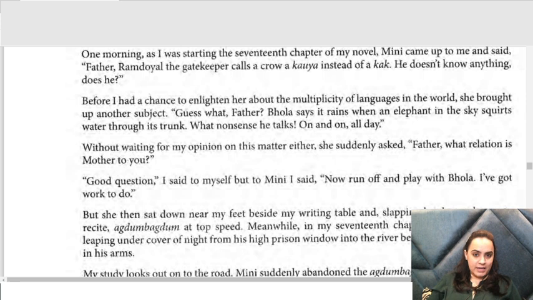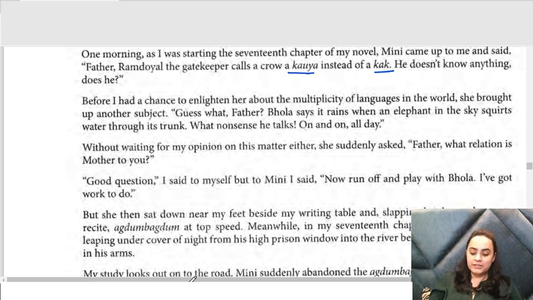So the father tells us that when he was starting the 17th chapter of his novel, his daughter Minnie came to him and said that Ramdayal, their gatekeeper, called a crow a kawa. So Minnie made fun of Ramdayal to her father, saying that he does not know anything.